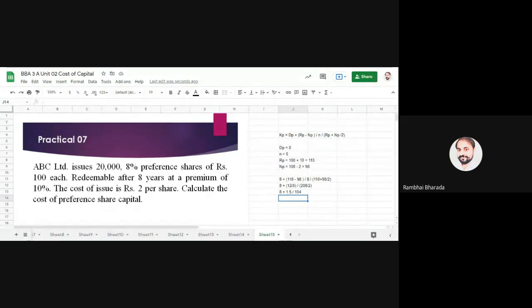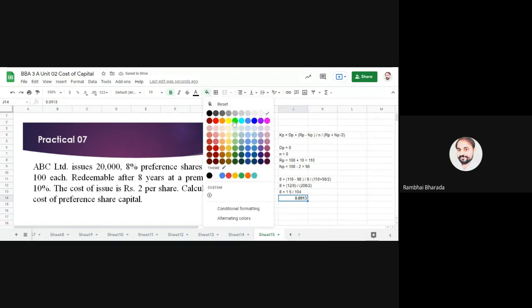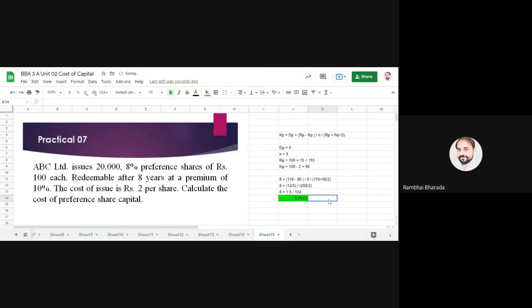Now the next and last stage for the calculation, 0.0913. Chalo. Are we clear about this calculation?